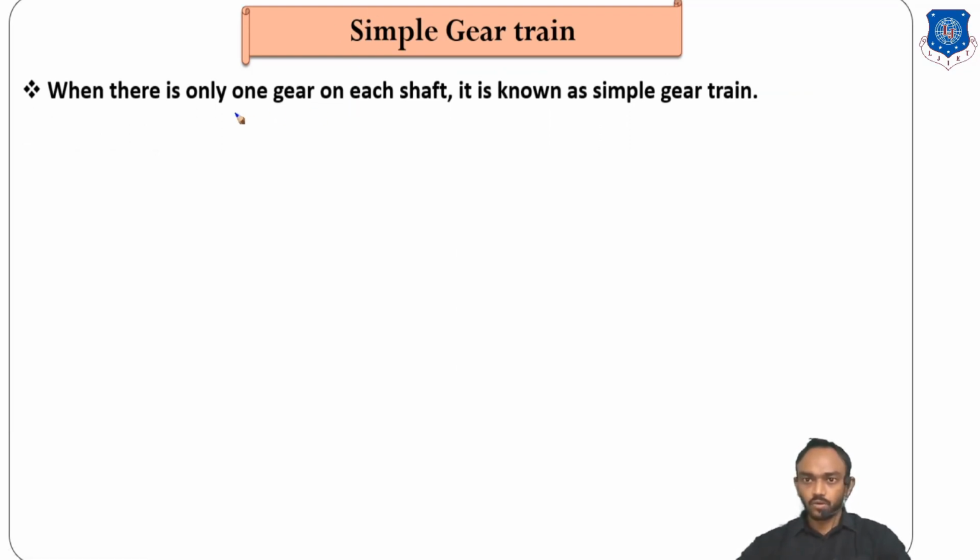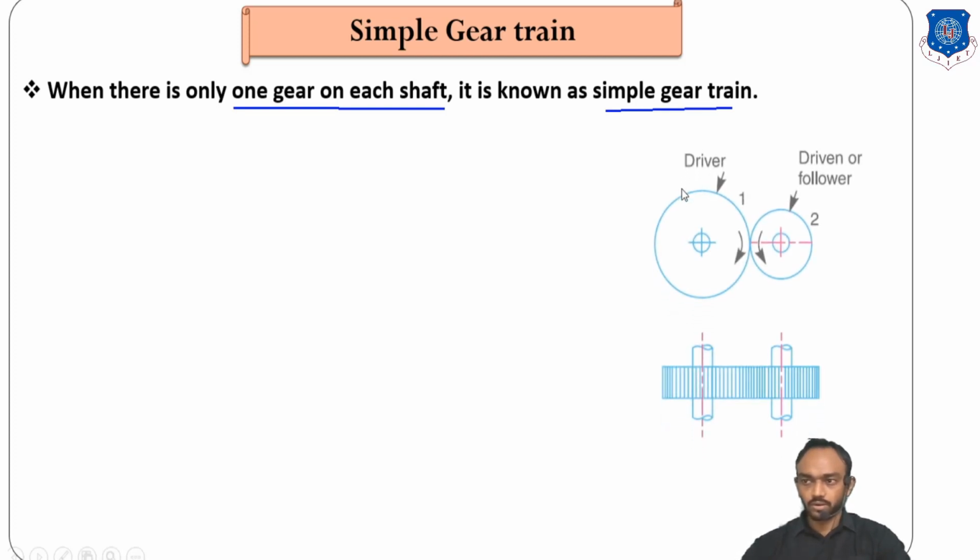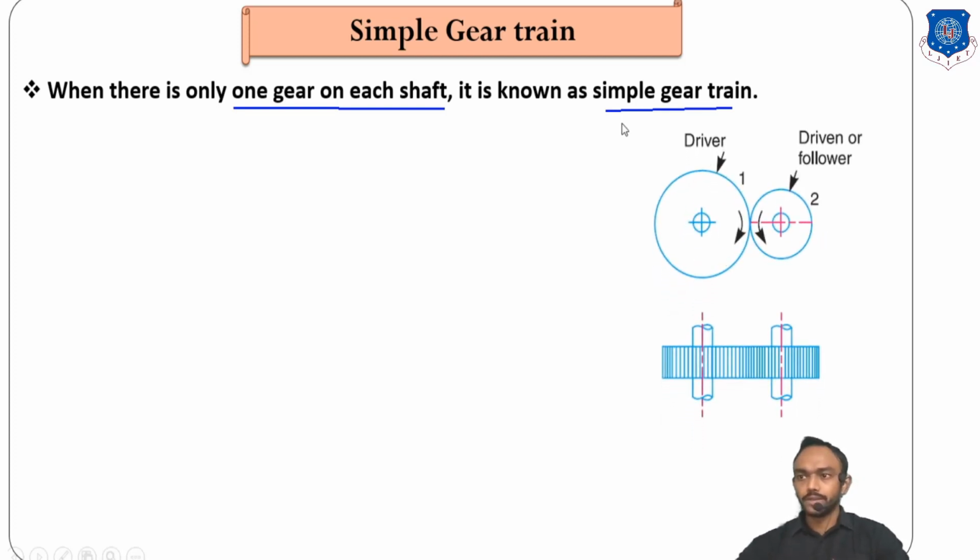When there is only one gear on each shaft, it is known as a simple gear train. Means one gear on one shaft. You can see here shaft number 1 and shaft number 2, and on shaft number 1, gear number 1 is mounted and it is called the driver, and the second is the driven.